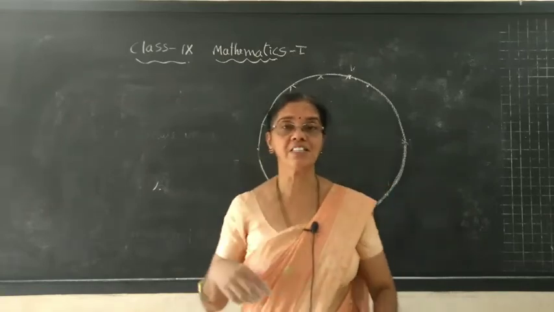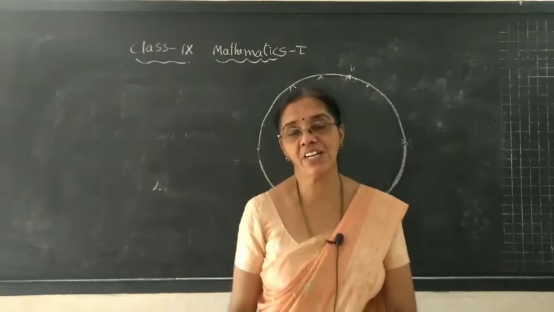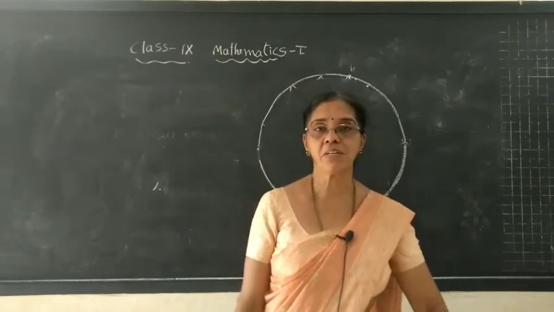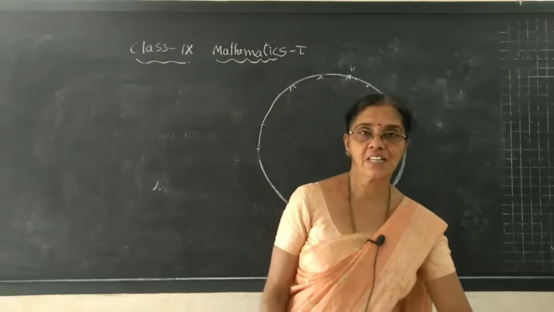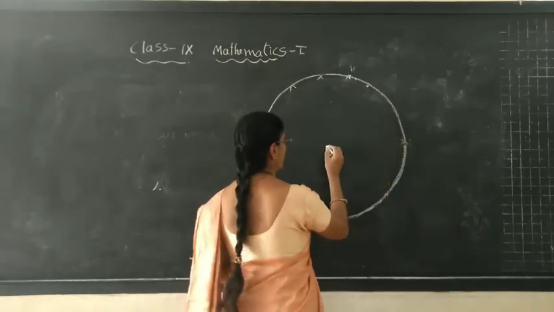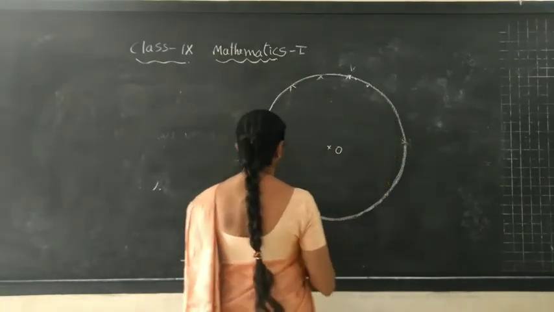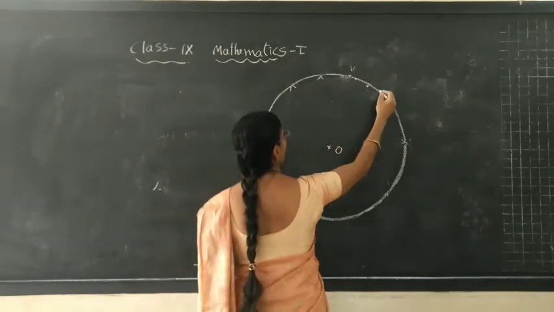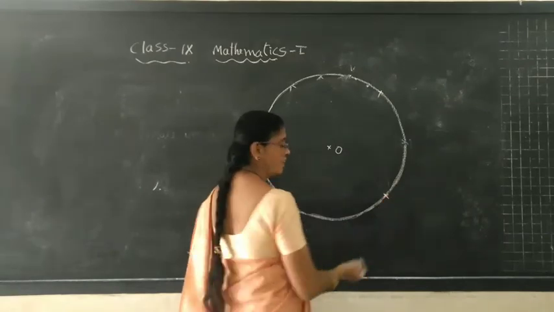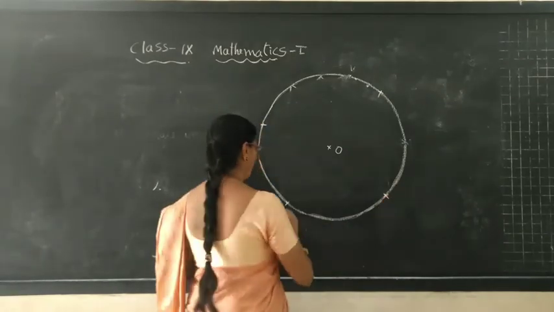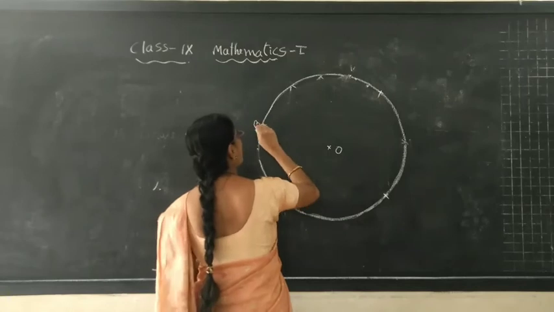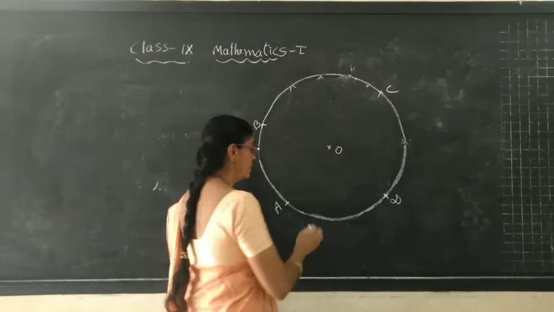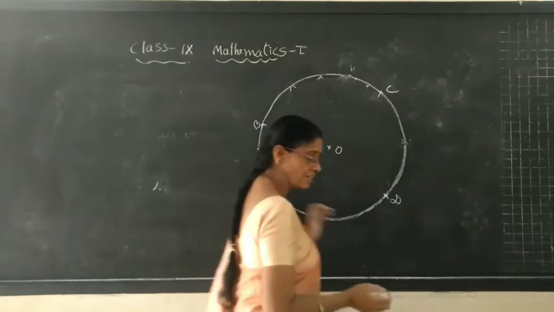So, now your work is, everyone draw a circle of radius 3 centimeter. After drawing the circle, mark any 4 points randomly on the circumference of the circle, namely A, B, C, D, right? And join them using the scale.